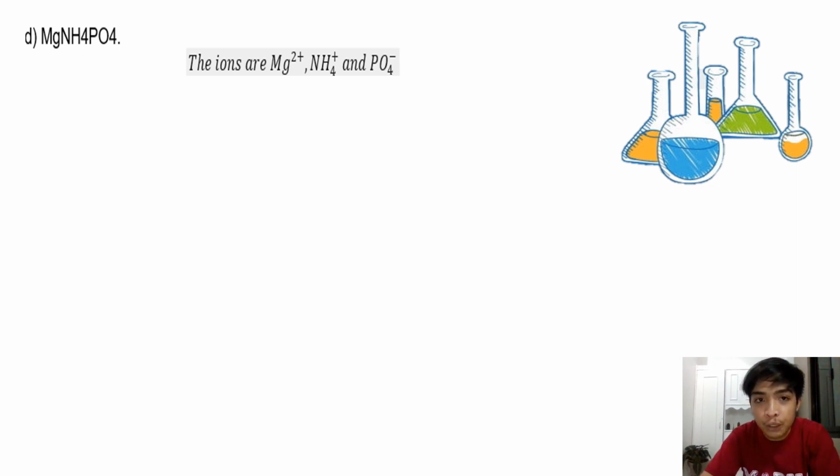So for the last solution, which is the magnesium ammonium phosphate, the ions are 3, which are the magnesium ion, ammonium ion, and phosphate anion. For the magnesium ion, the charge is positive 2 and the effective diameter is 0.8.